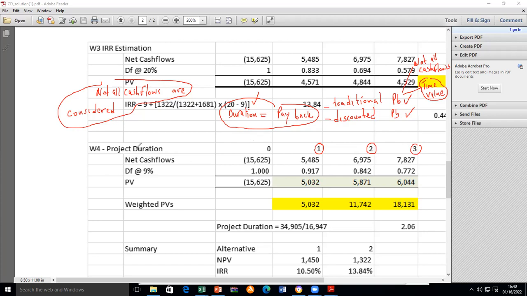The easiest way of calculating duration is the one that we also covered on bonds.